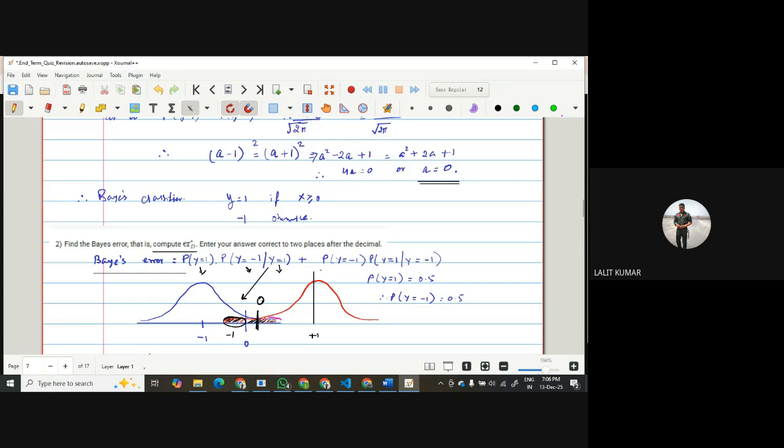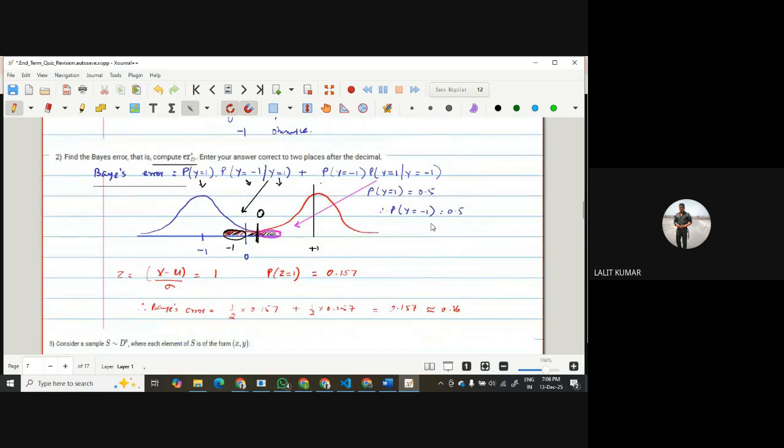In this portion, actually it is -1, but I am declaring it as 1. So probability of y = 1, they have given 0.5, and we found probability of y = -1 is 1 minus 0.5, 0.5.